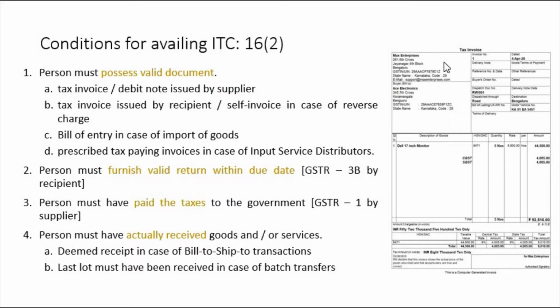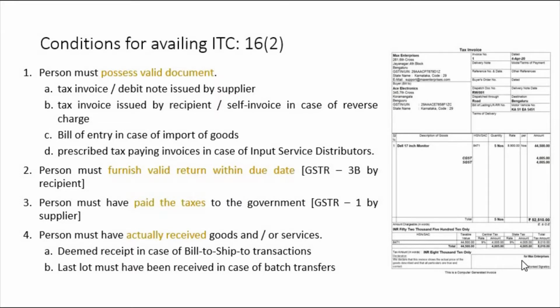Like we have supplier's details and recipient's details, and their GSTIN number is also given over here, right? The date of invoice is also given, proper invoice number is also given, right? And there are some details of the goods or services supplied. HSN/SAC codes are given, quantity, rate and total amount is also given, taxes paid is also given, and then the total amount, right?